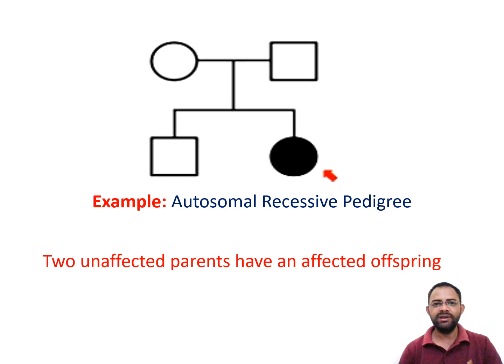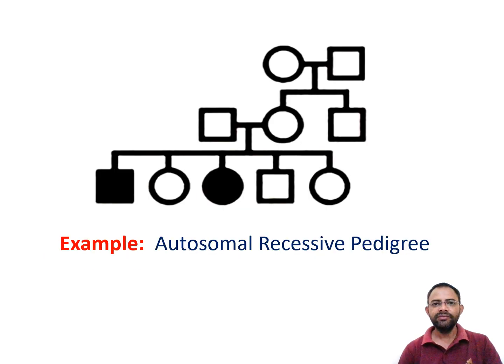Now the next example is another example of autosomal recessive pedigree. Here the traits are skipping generations, and unaffected parents have affected children.